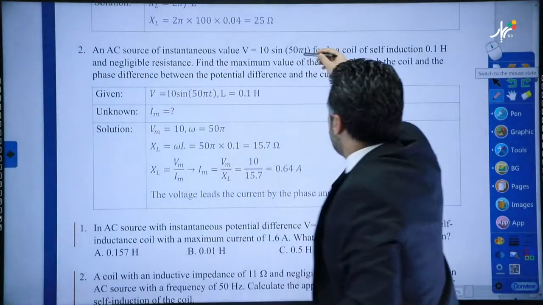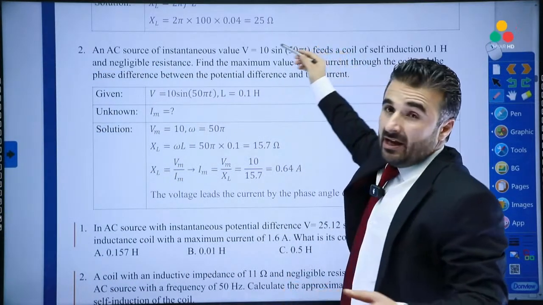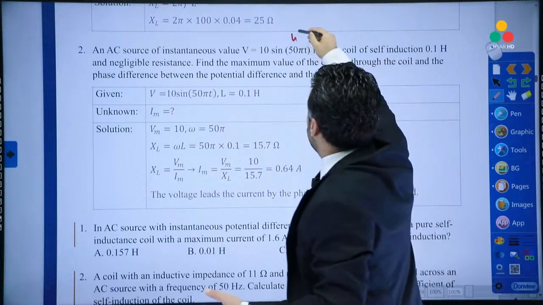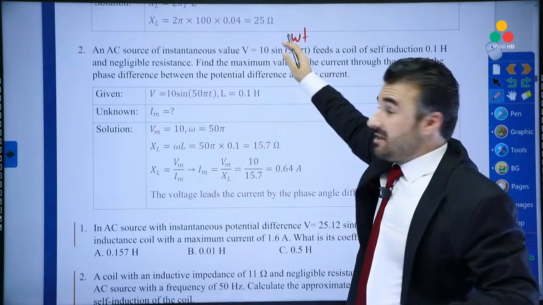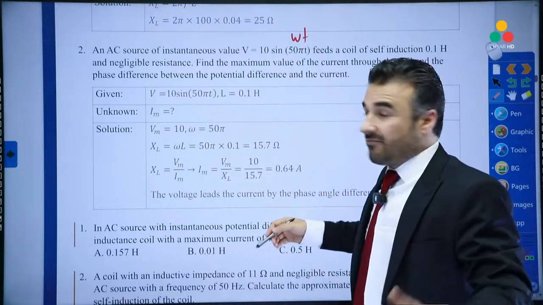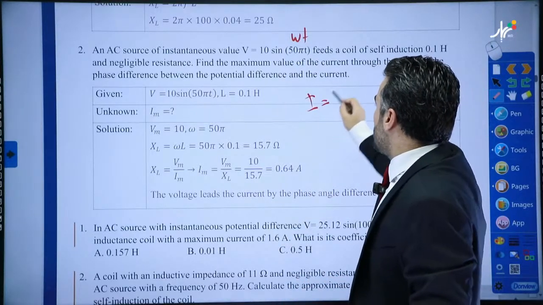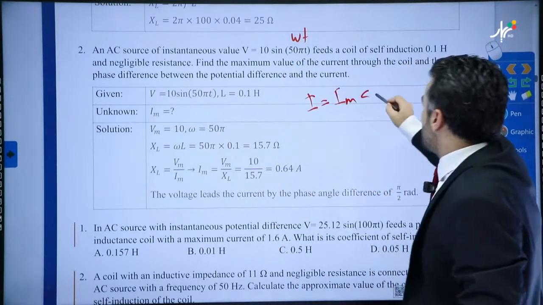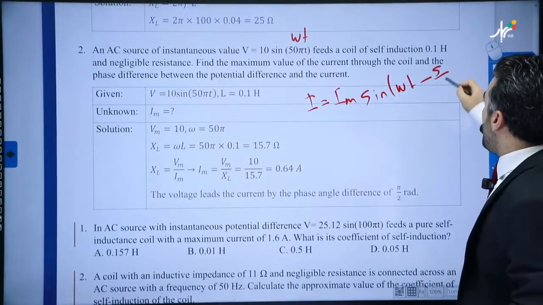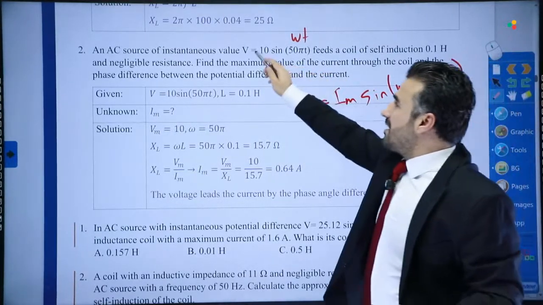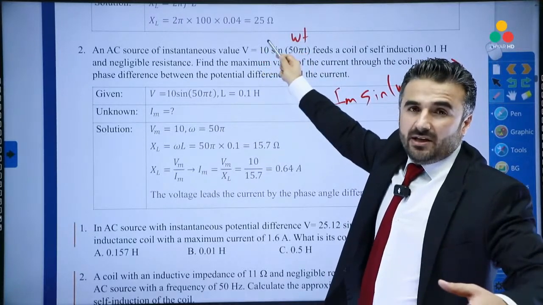You can see this 50 pi t is basically omega t, without writing that the voltage is leading by 90 degrees. If they ask you to write the instantaneous current here, it becomes I max sine of omega t minus pi over 2.